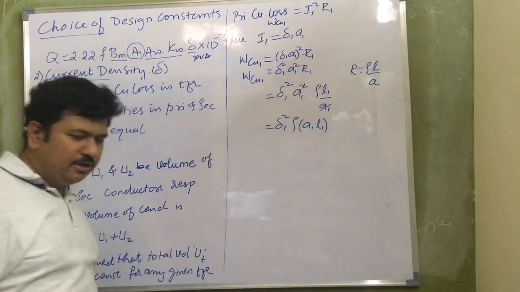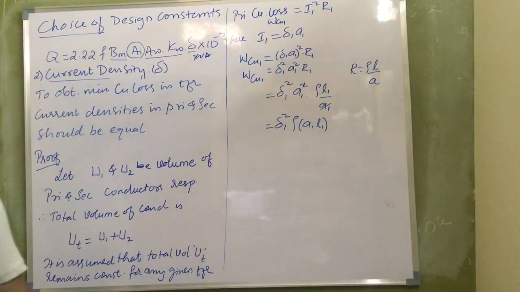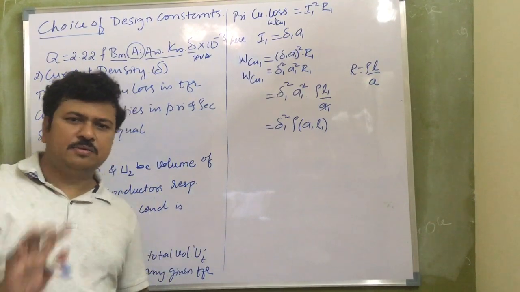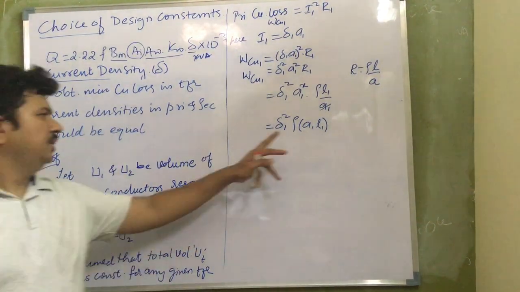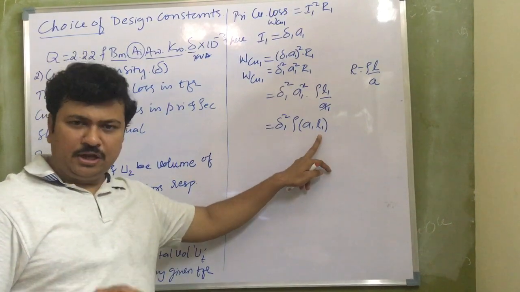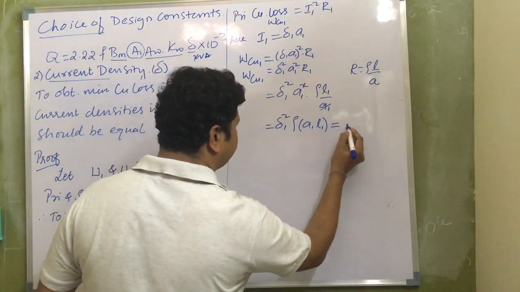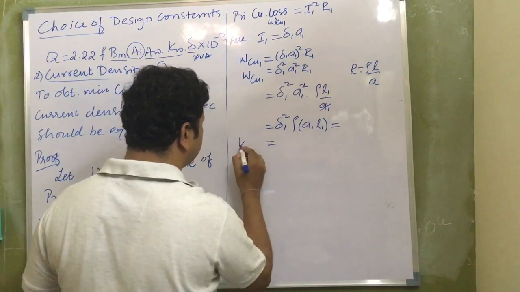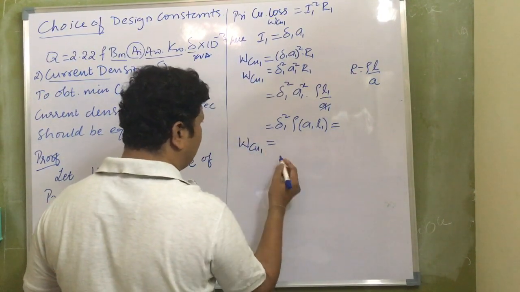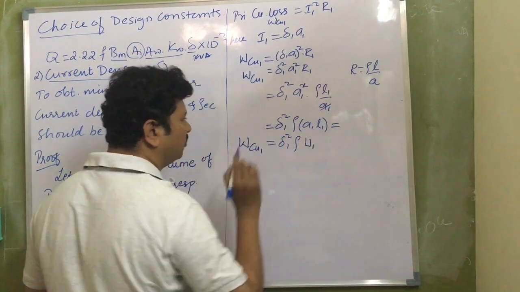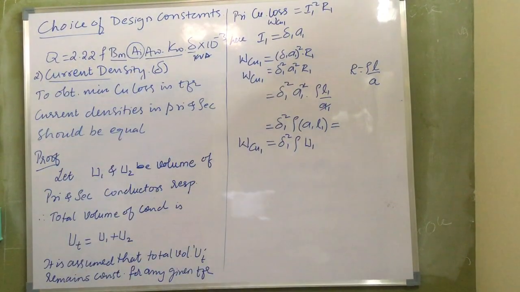You see what is A1 into L1? A1 is the area, L1 is the length. So area into length is meter cube, which is nothing but my volume. So WCU1 equals delta 1 square rho into U1.